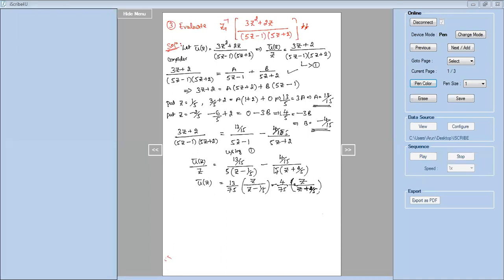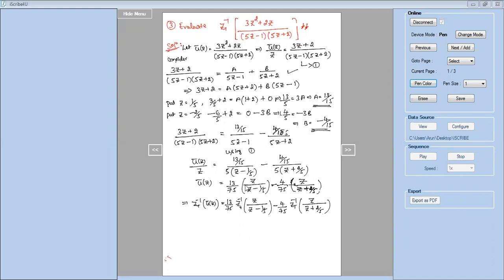Now take inverse on both sides. This implies ZT inverse of U bar of Z is equal to 13 by 75 into inverse of Z by Z minus 1 by 5, and the next term, 4 by 75, into inverse of Z by Z plus 2 by 5.